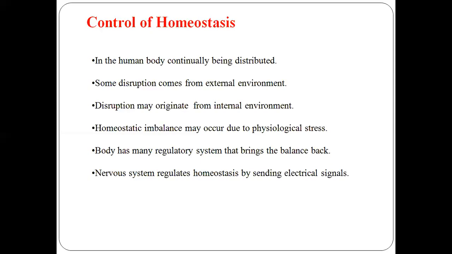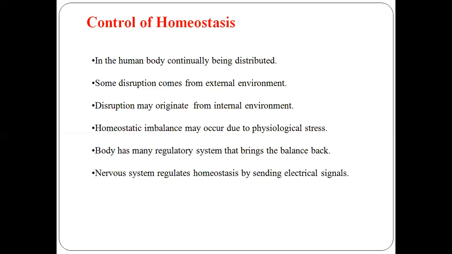Fortunately, the body has many regulating systems that can usually bring the internal environment back into balance. Most often, the nervous system and the endocrine system, working together or independently, provide the needed corrective measures to balance homeostasis.